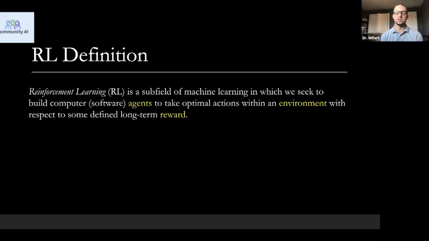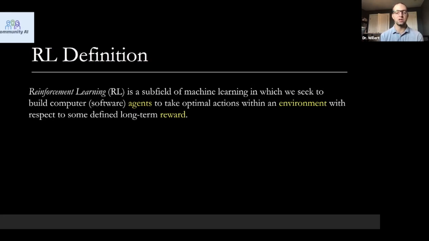So RL is a subfield of machine learning in which we seek to build computer agents. We could think of these as software agents that take optimal actions within an environment with respect to some defined long-term reward. So there's three key terms here that I've highlighted. The goal is to build agents.